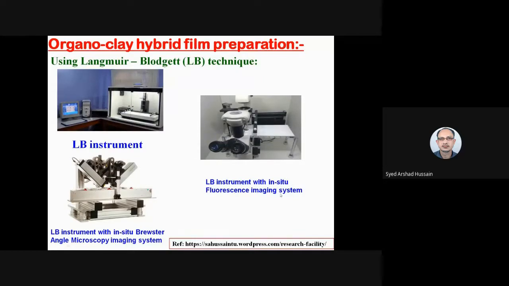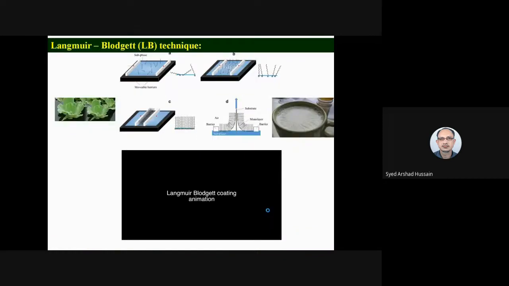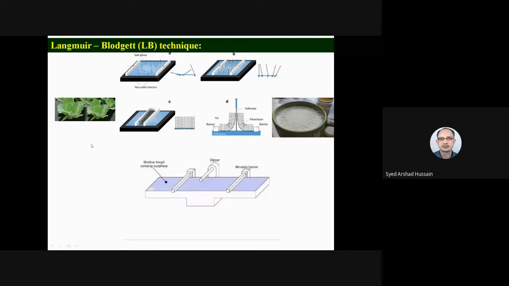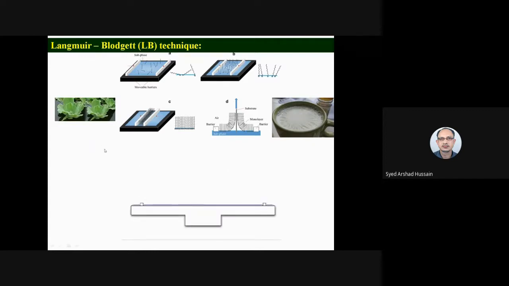So these instruments, we have in my lab. In the LB technique, it's very simple. You prepare your molecule on the water surface first, you spread, then you compress so that they come closer, then you deposit. Just simply, if you dip a spoon in the cream formed on hot milk and take it out, you see cream attached on the spoon.